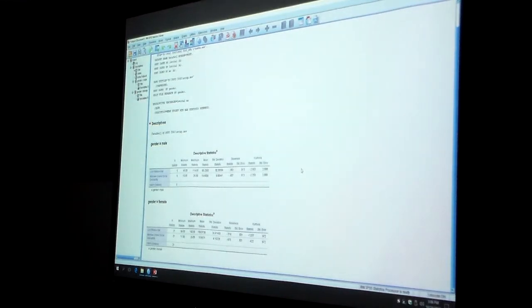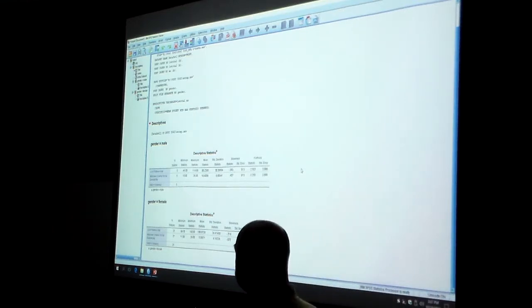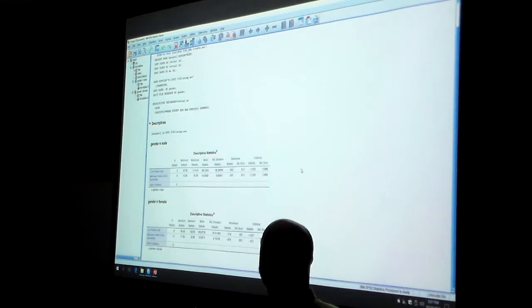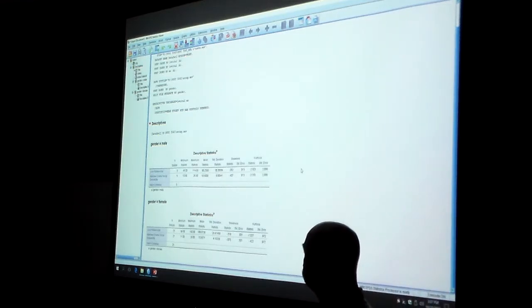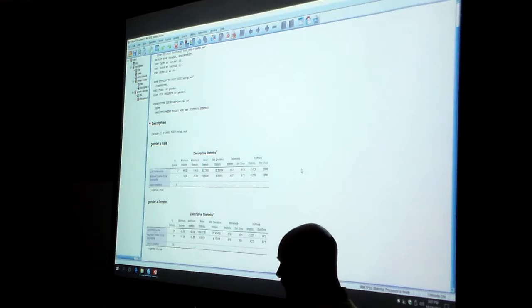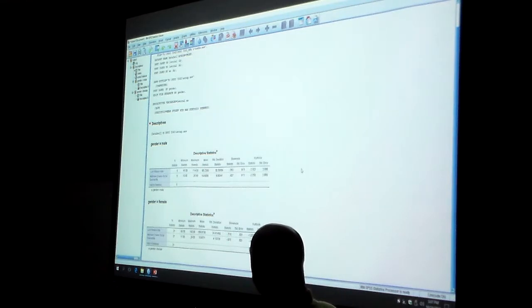Someone give me a sense for what's going on with these initial data. Rajiv, if we're looking at the men, tell me what we're seeing in terms of our scores. The mean for the Locke-Wallace total falls in the range of 45 to 140.65.